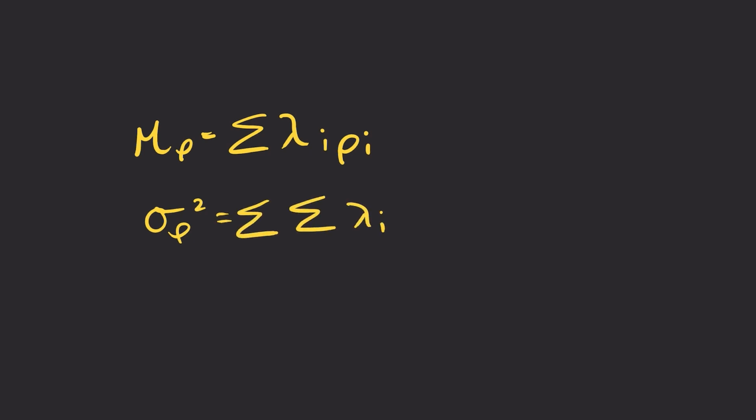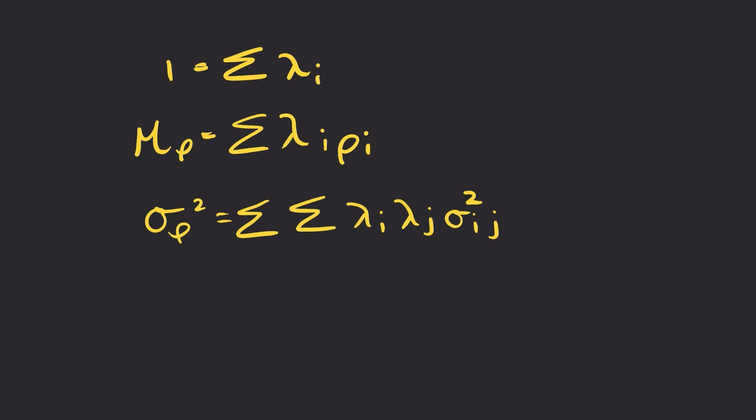We showed last time the portfolio standard deviation, the portfolio variance is the double sum. And I also have this condition that all of these have to add up to 1. All these portfolio weights have to add up to 1. So I have these three things.